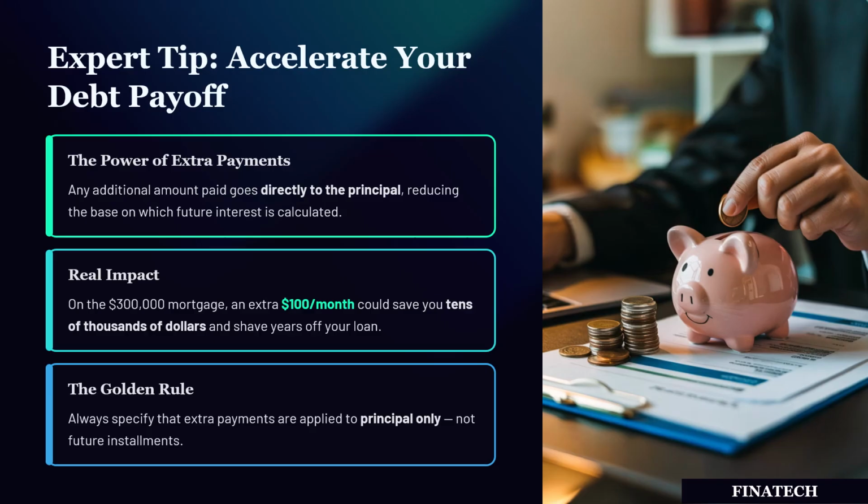Second, real impact. Even 100 you pay per month has an impact on the years of your loan. Third, the golden rule. Always specify that extra payments are applied to principal only. It means you add to the principal amount you pay, not the interest.